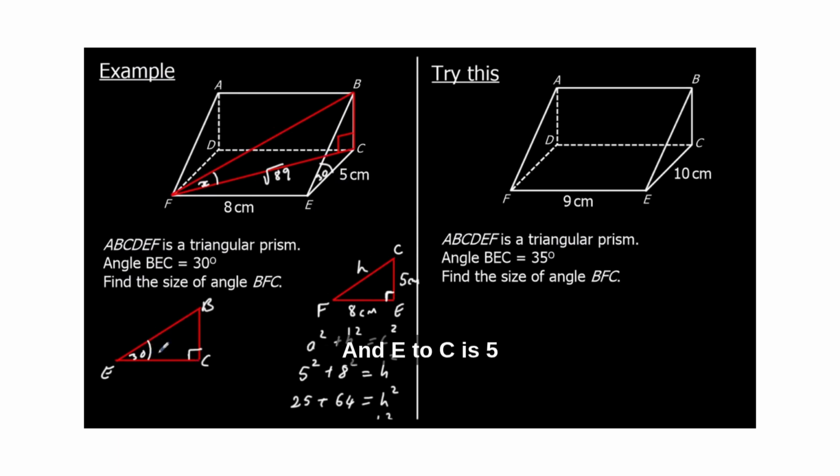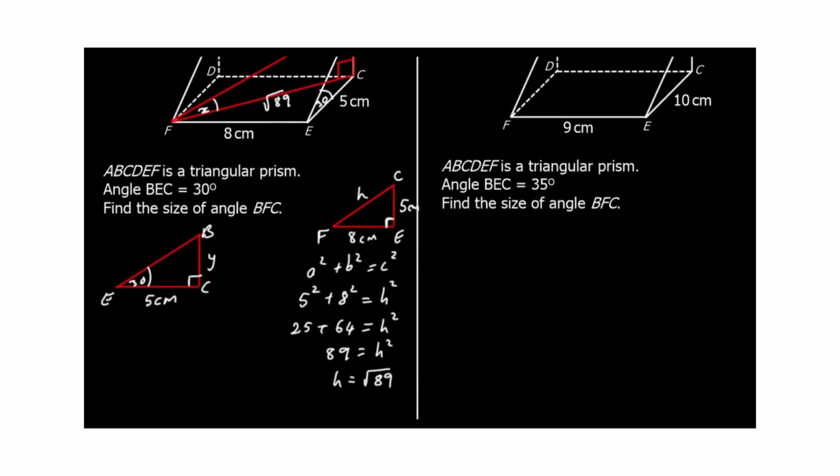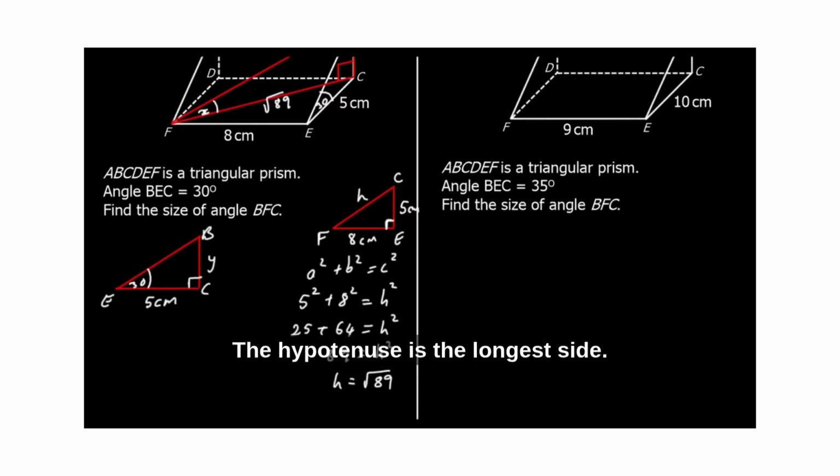And E to C is 5 centimeters. We want to find B to C. So I'll call that Y. The hypotenuse is the longest side. Opposite is opposite our angle. And the adjacent is in between the angle and the right angle. Again, we're not using the hypotenuse. We're using O and A. So it's TOA, it's tan.